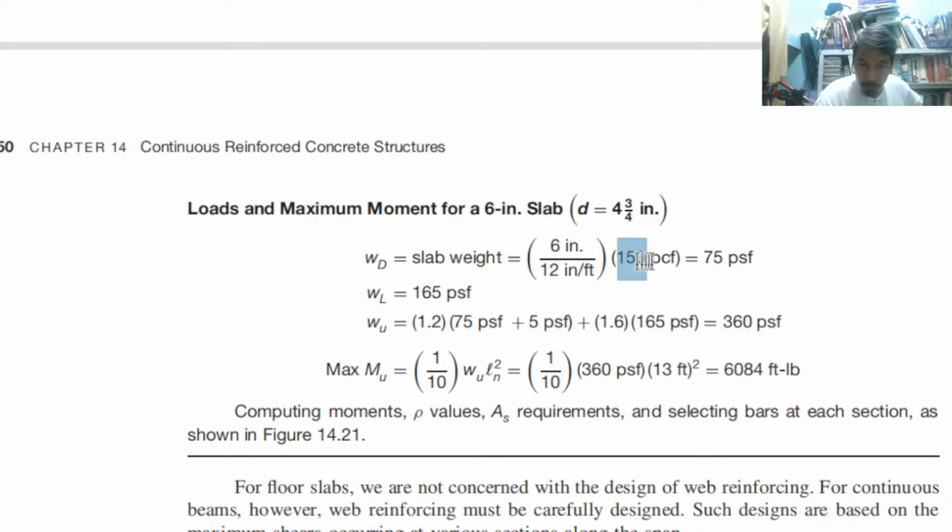Then 150 is from the table. That is the value of the table for dead load. That is concrete. So concrete 150. Therefore, 150 divided by 2, that is 75 psf. This is the dead load, the weight of the slab, not including the pipe.